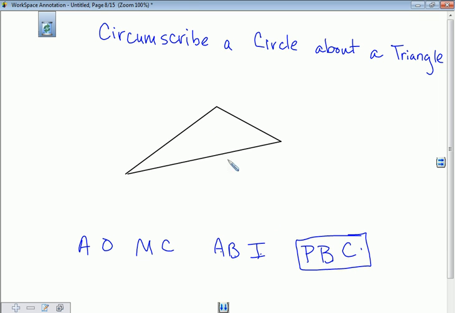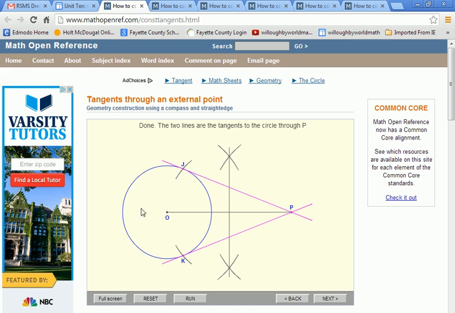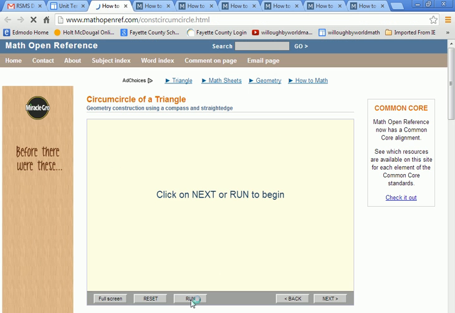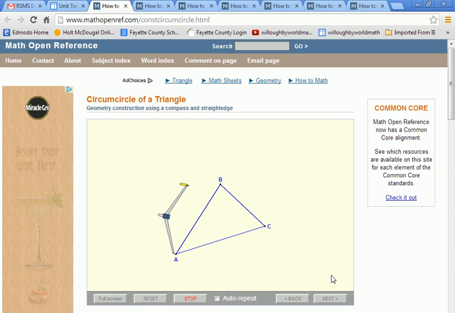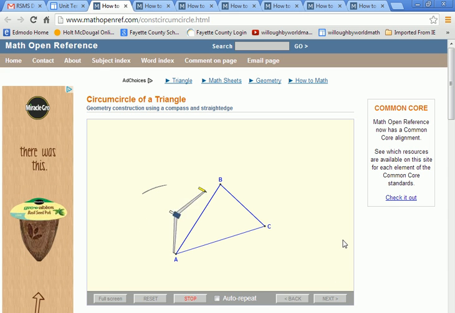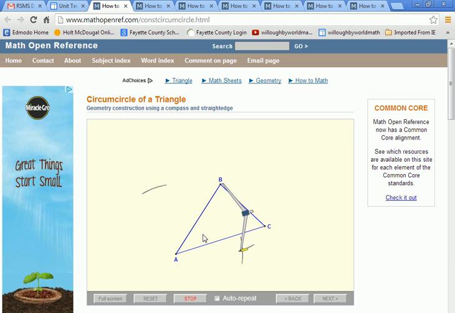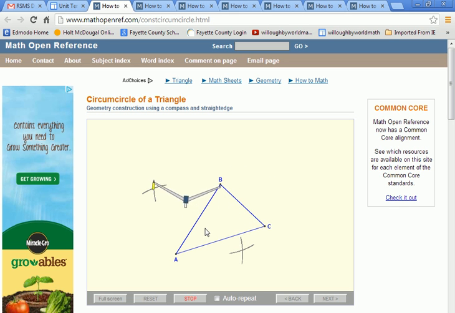Okay, so let's watch the video and then we'll do it. So we need the perpendicular bisector of two of the sides. And that's what they're going to do. Perpendicular bisector of AB. And they'll draw it in. And then we'll do the perpendicular bisector of another side. The bisectors are gonna connect.